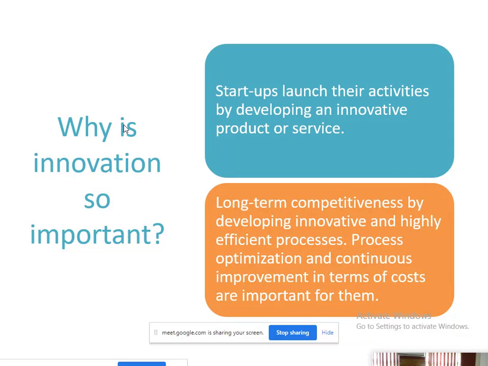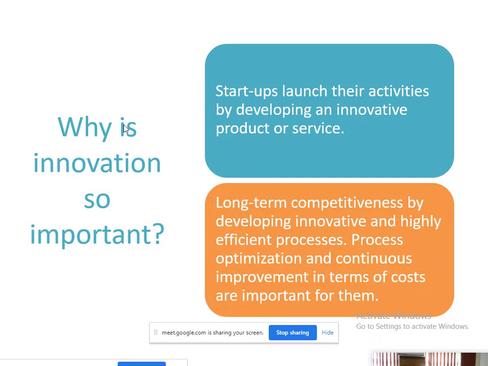That's why in the second paragraph you can see long term competitiveness by developing innovative and highly efficient processes, and process optimization and continuous improvement in terms of costs are important for them, because definitely it should be long term.